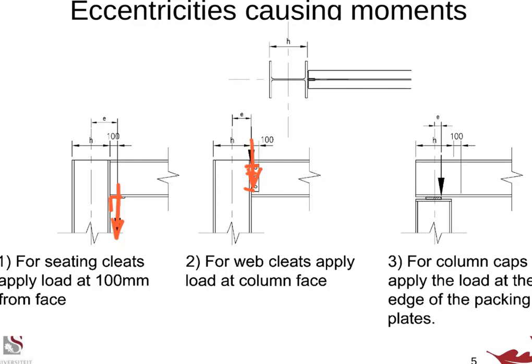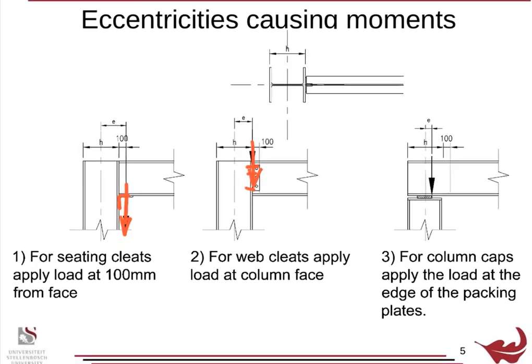So bolts into cleat from column and bolts into beam from cleat. Now, continuing on, we also then can have cap plates, etc. This is a far less common type of connection, but you could have something like that, and you would conservatively take it at the edge of that plate or the edge of bearing, although in reality the load is probably applied a little bit further to the left.